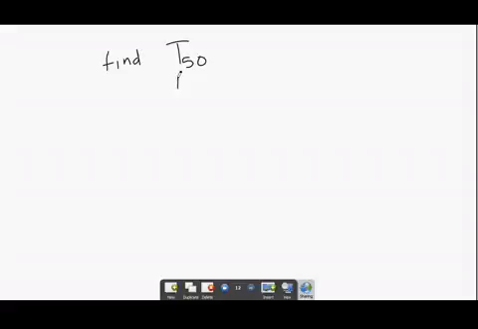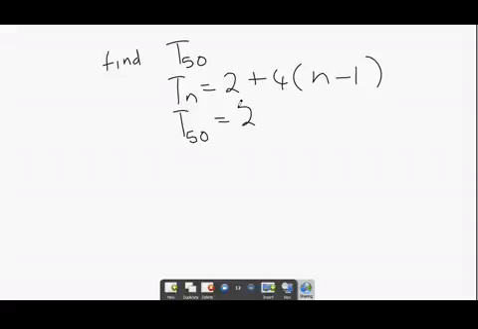So this is going to be Tn, which is the formula that we found, 2 plus 4 bracket n minus 1. And I want T50. So to find my T50, I will substitute for n is equal to 50. This is T50 is 2 plus 4 bracket, in brackets 50 minus 1, close bracket.